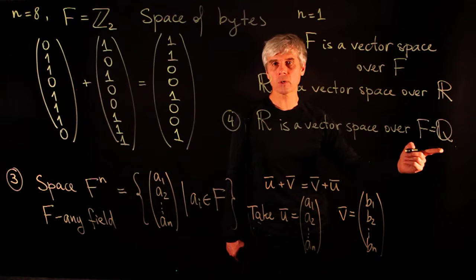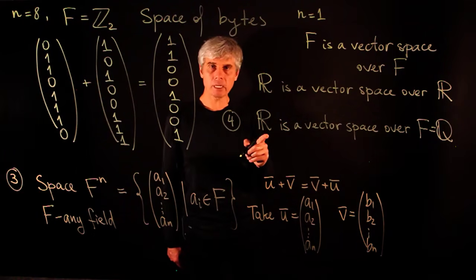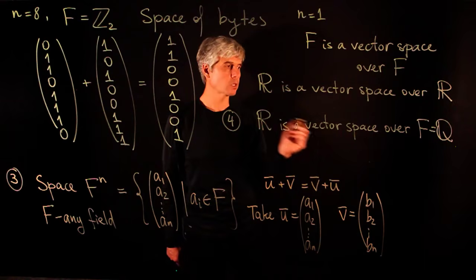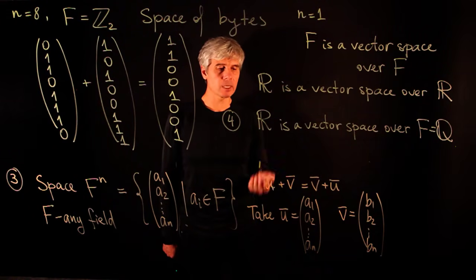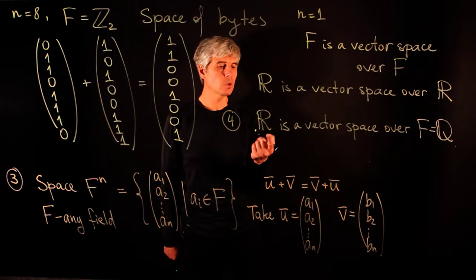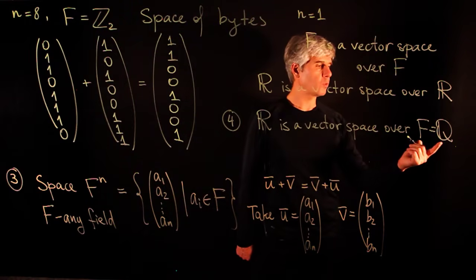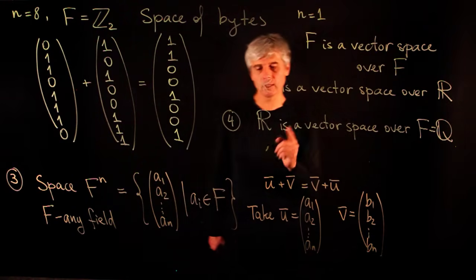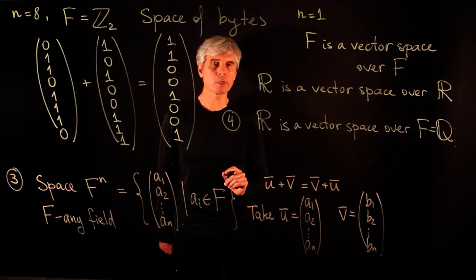And scalars in this context will be rational numbers. So we can multiply real numbers by rational numbers. So this will be scalar multiplication. And here the 0 vector is the 0 real number. So we can view real numbers as a vector space over rational numbers. And in this interpretation, real numbers become vectors.